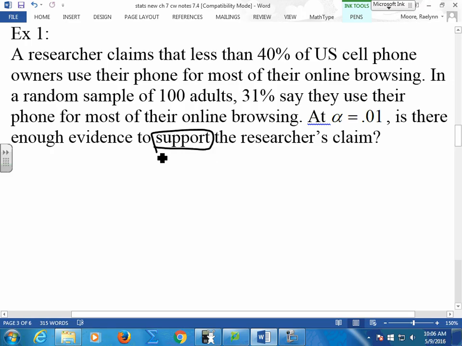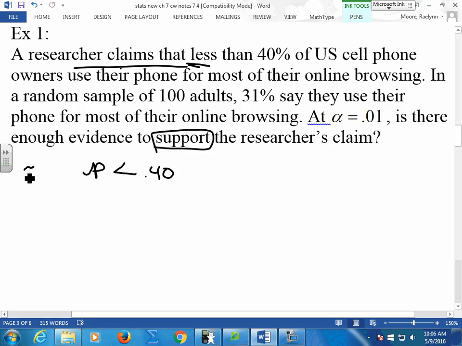So support means, which one is it going to be, H0 or HA? HA. So we look at the researcher's claim, and sure enough, he says the proportion is less than, now how do I write 40% as a decimal? 0.40. A percent proportion, you gotta give me this as a decimal.